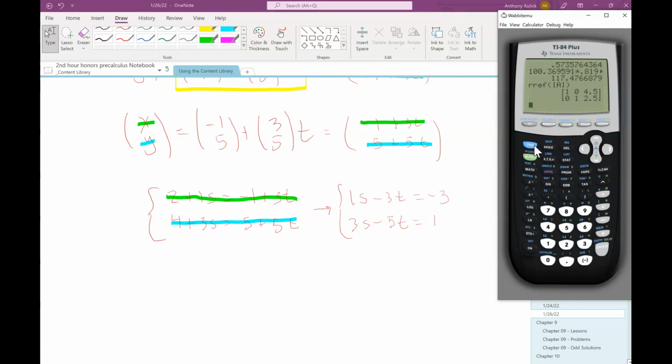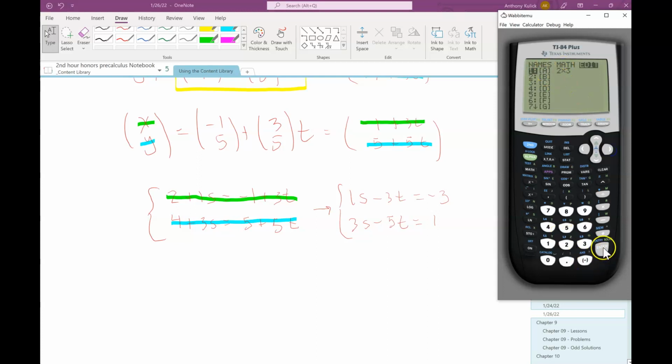Okay, so first thing I'm going to do on my calculator is open up the matrix menu by pressing second and the x to the negative 1 button. To enter a matrix into my calculator, I'm going to move over to the Edit tab, and I'll pick any matrix.